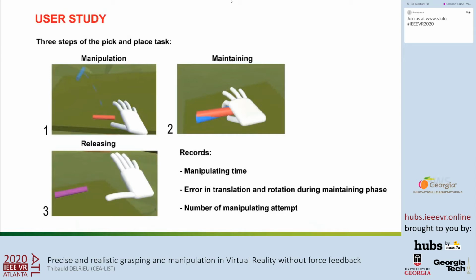We record the manipulation phase time, the error in translation and rotation during the maintaining phase, and the number of attempts for each object. We made these experiments four times for each object, 2 times with assistance and 2 times without assistance.